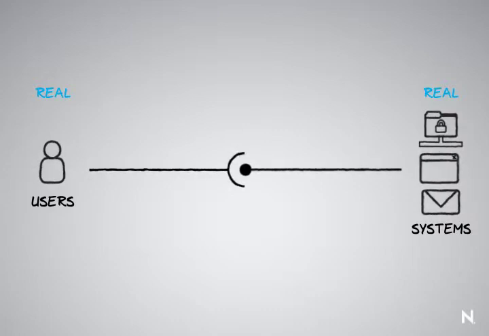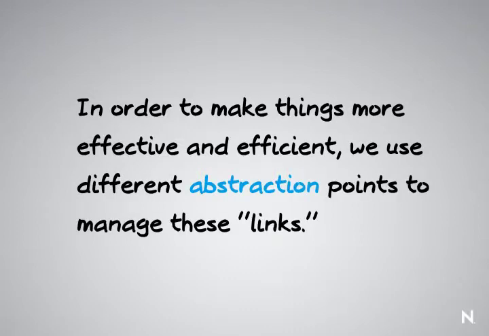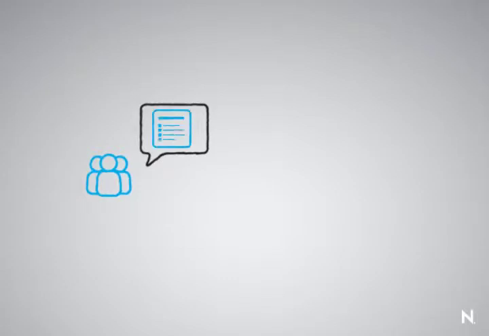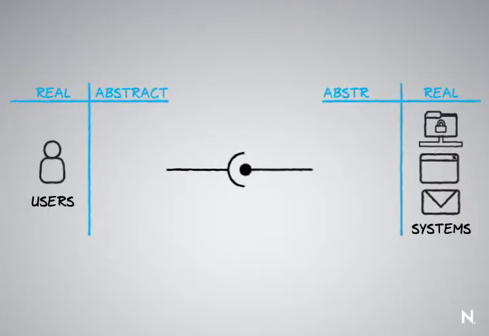But in order to make things more effective and more efficient, we use different abstraction points to manage them. For example, there may be many people that need the exact same type of rights. At the same time, there may be the same types of rights that can be granted to multiple types of systems. So there's two different abstraction points within Identity Manager. We have the role-based abstractions, or the roles, where we assign the users to a particular role.